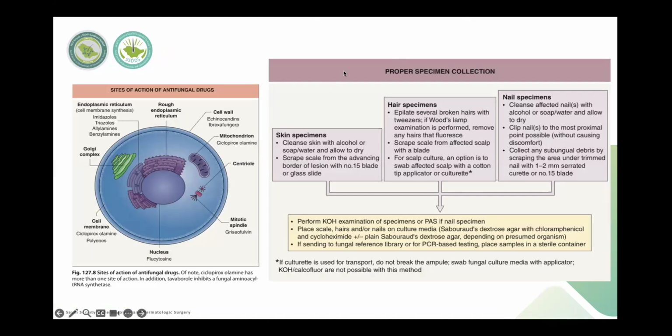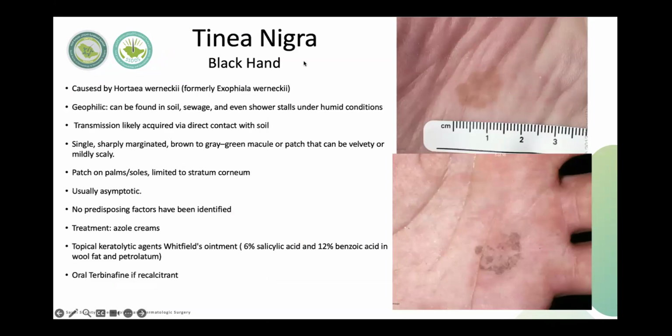Okay, so this is what we just talked about, how to get the sample. So the first one is tinea nigra. Tinea nigra is our black hand. It presents with a pigmented patch over the palm, scaly sometimes.